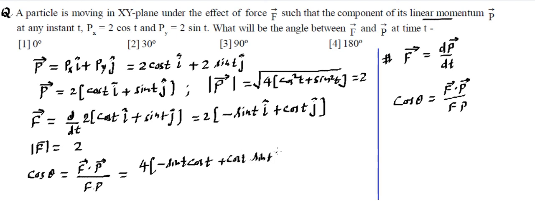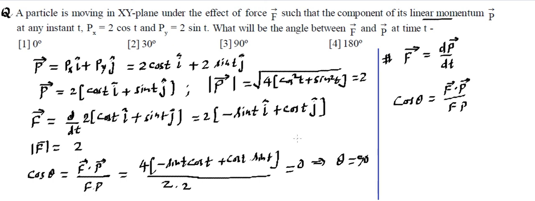Downside, you have already calculated that the magnitude of f came out to be 2, and the magnitude of p also came out to be 2. But you see the numerator becomes 0, so cos theta becomes 0. Whenever cos theta becomes 0, theta has to be 90 degrees. So the angle between these two vectors is going to be 90 degrees.